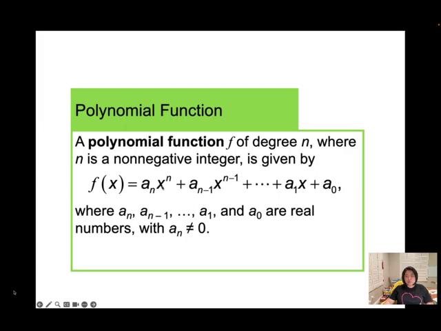The n is the variable's degree. We always write polynomial functions in descending order: n, n minus 1, n minus 2, until 1, 0. The highest degree is the leading term, and the coefficient of the leading term is a_n.